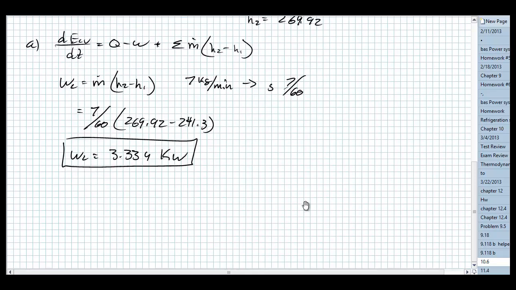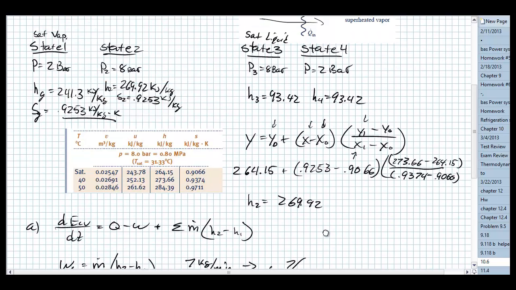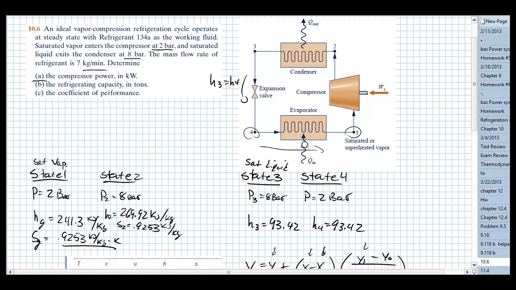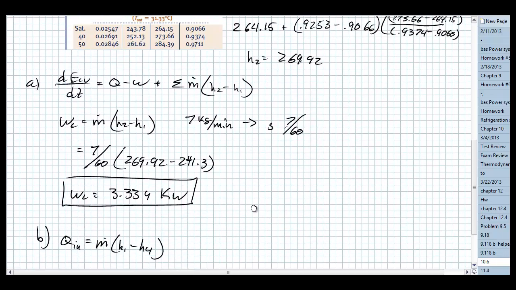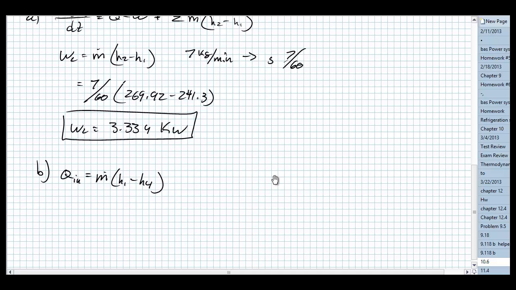Now moving on, we're looking for the refrigeration capacity for part B. Again, I'm skipping over some steps with the rearranging of the first law. So Q in equals m dot times H1 minus H4, because that is the change in enthalpy between 4 and 1, which is the energy taken in by the evaporator. That tells us how much it can refrigerate.